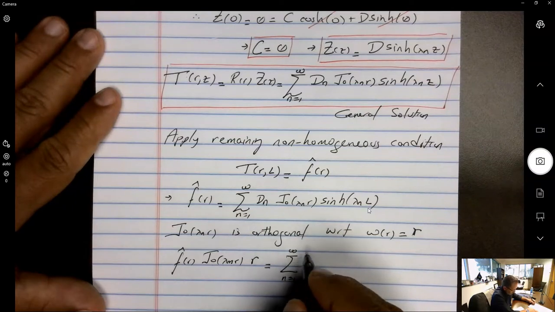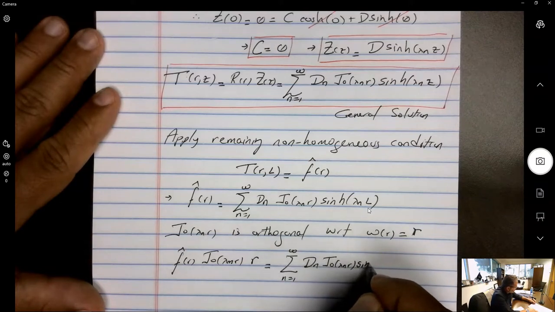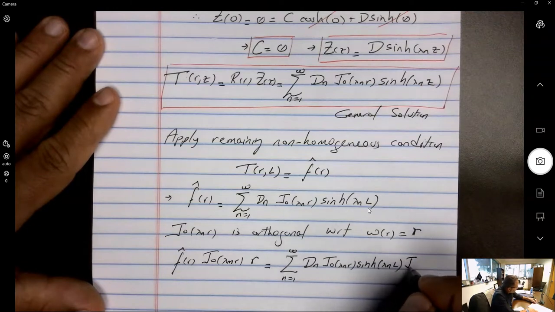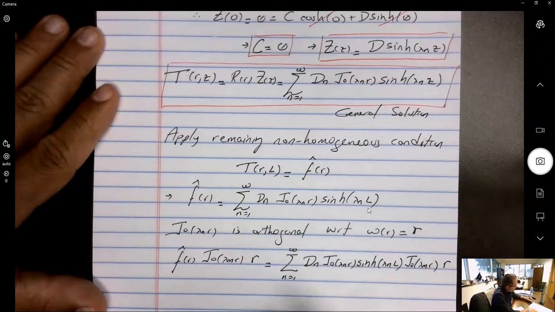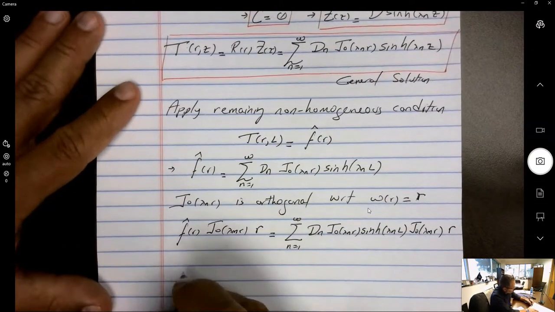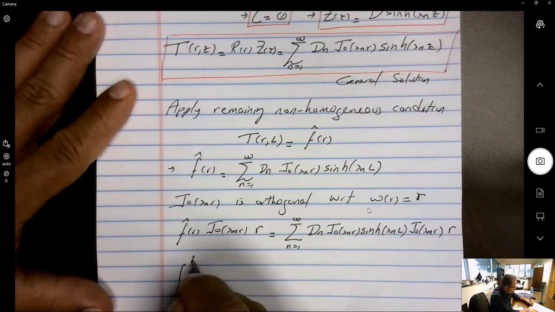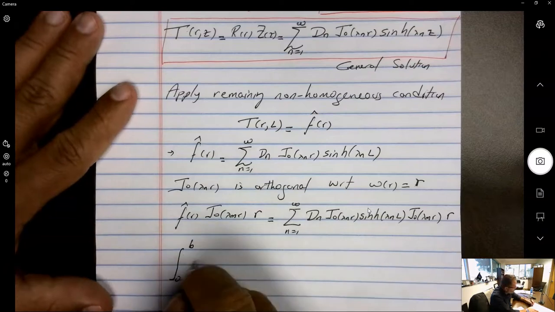So on the right-hand side, we'll have d_n J0 lambda n r sine hyperbolic of lambda n L, then J0 of lambda m r and an r. Multiply both sides by J0 lambda m r and r. Then we integrate from 0 to b, which is the domain in the r direction.